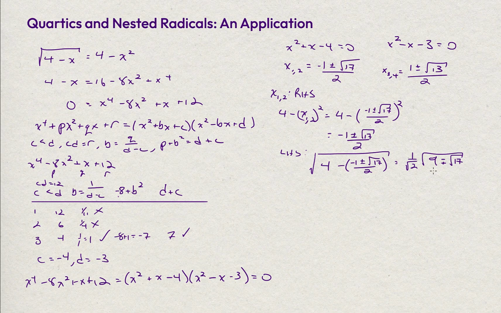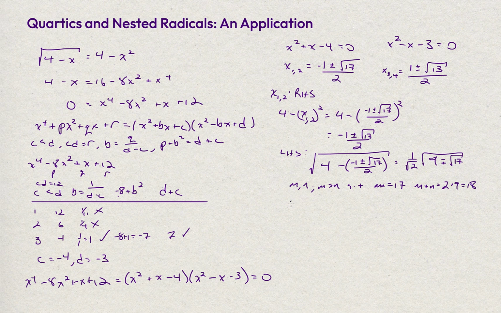So to denest this radical, remember, we need to find two numbers, m and n, and we want m greater than n, such that the product is 17, and their sum is equal to double this number here, which is 18.